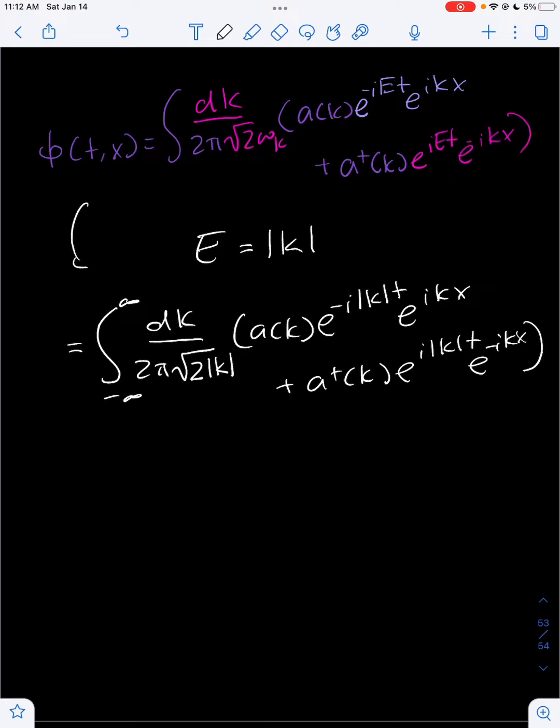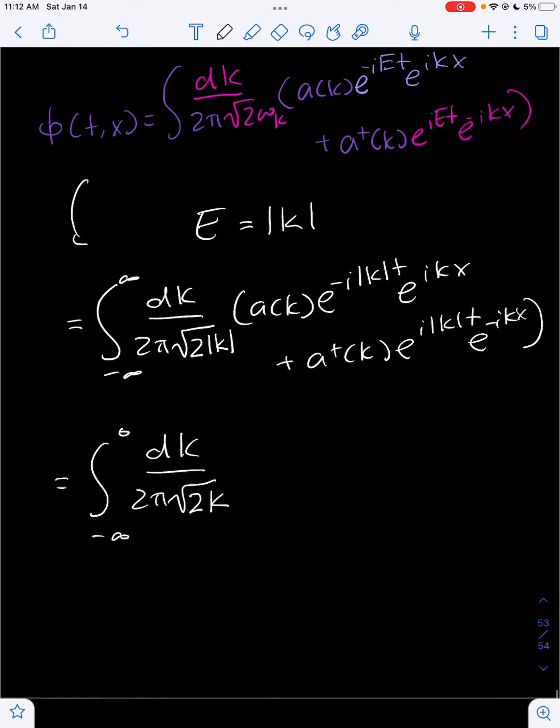Now for absolute value functions, we want to break it down into two parts, one where it's negative and one where it's positive. So this is going to equal the integral from negative infinity to 0, dk over 2 pi square root of 2k, times a of k, and here's where it gets tricky. It should be a plus i k t.